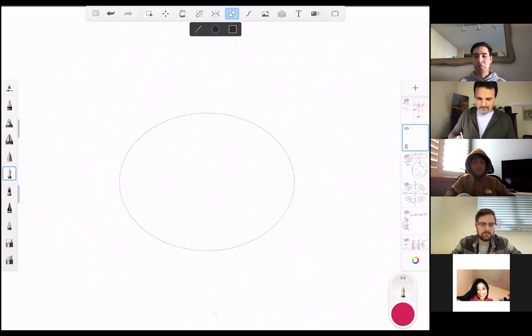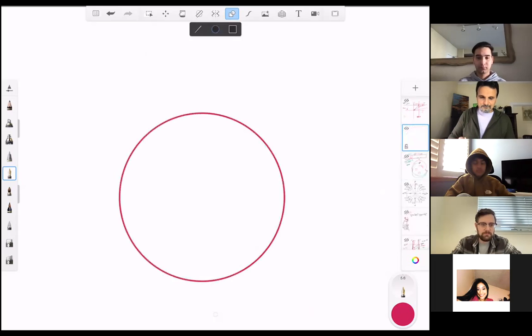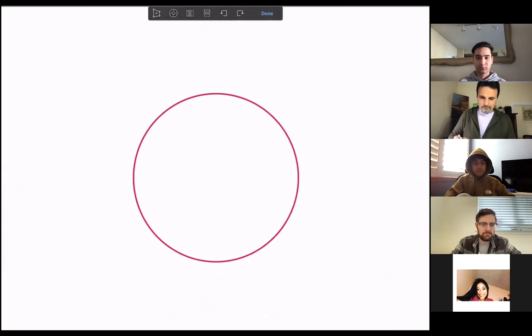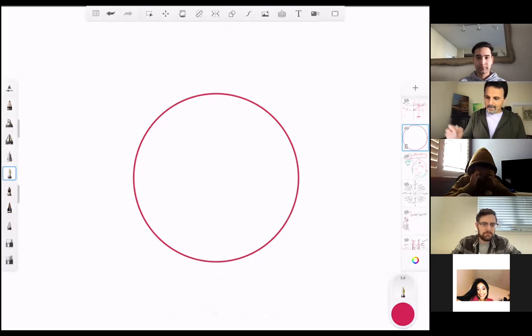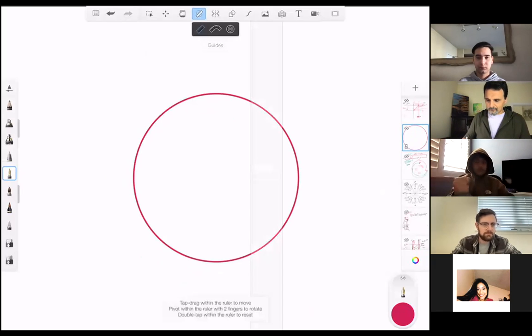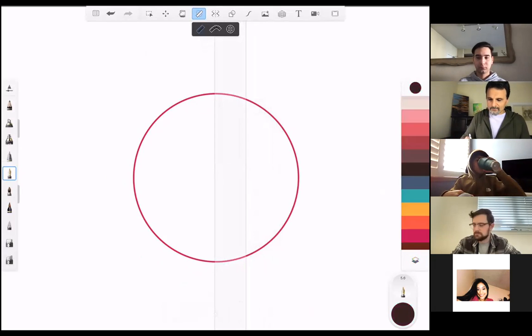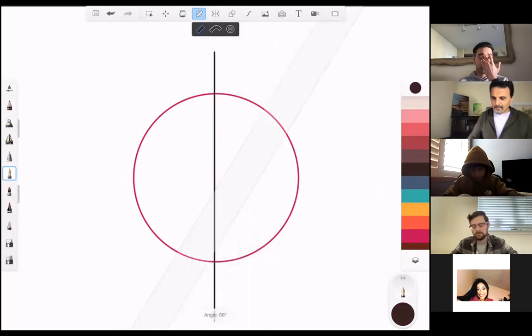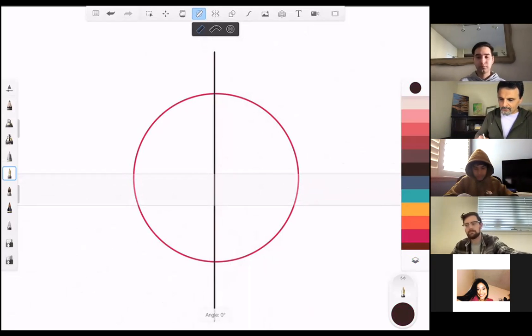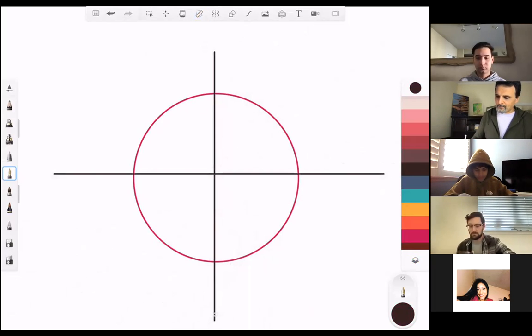So this is our unit circle. We have the y-axis and the x-axis. This is x, that's y.